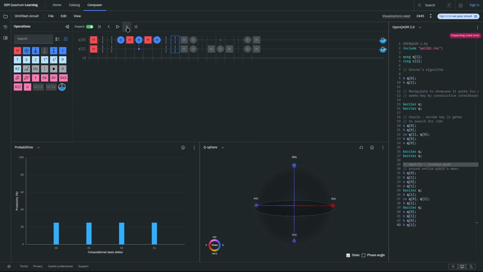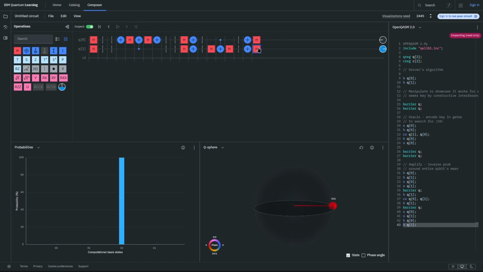Because it's marked in a different superposition, if we amplify it with this series of gates, we can essentially promote it to the state that we want.